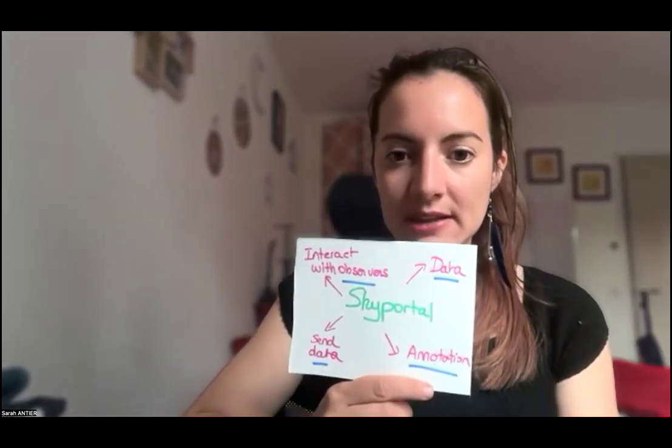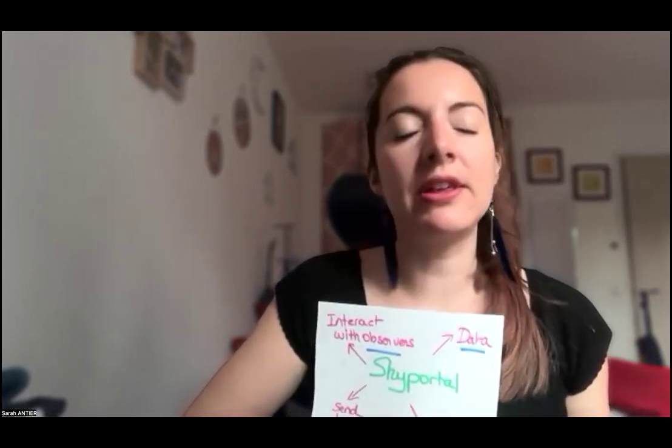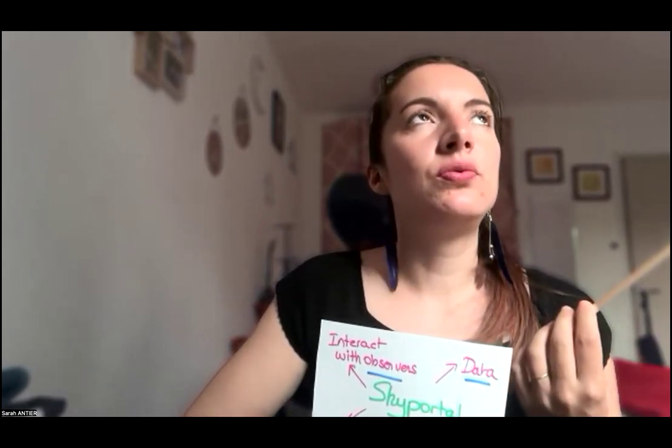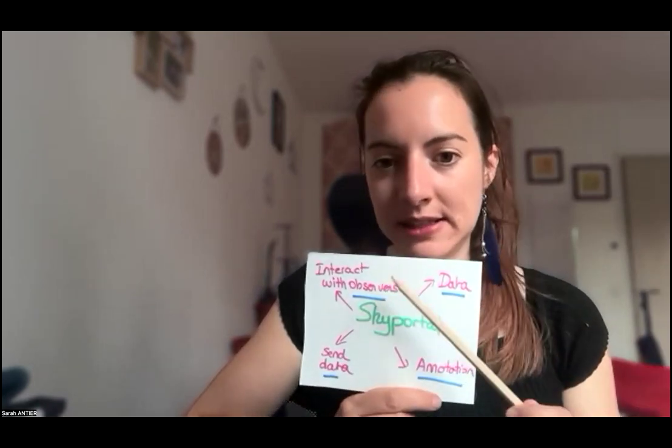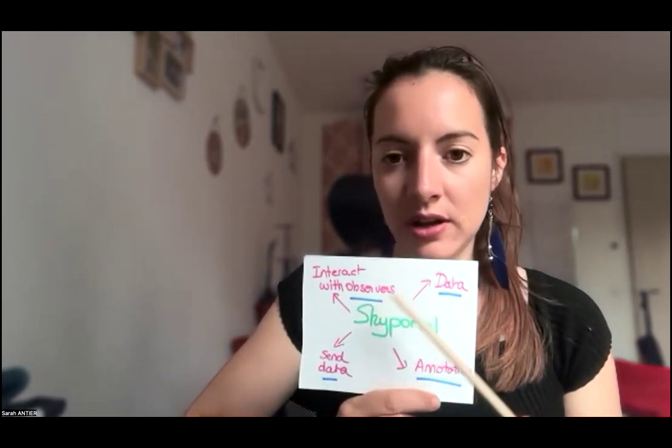Okay, so if I come back to SkyPortal, it is a place to interact with the observer, because if you ask to rerun some observation, you ask that they upload the data in SkyPortal. Don't use a Google Doc or something. Just look at SkyPortal, because you see the light curve and it's very nice.